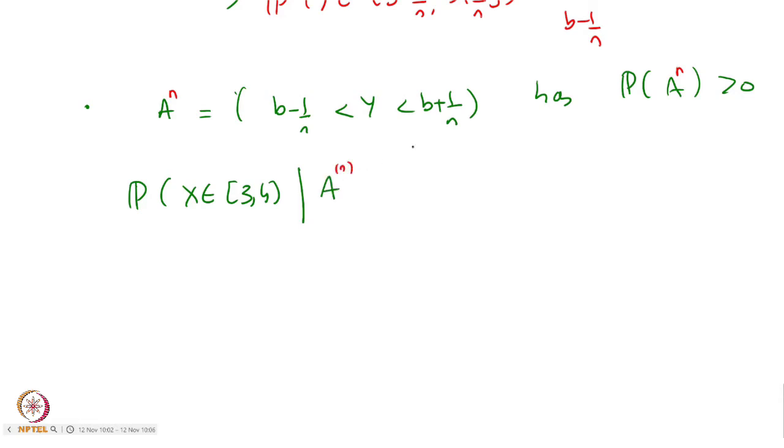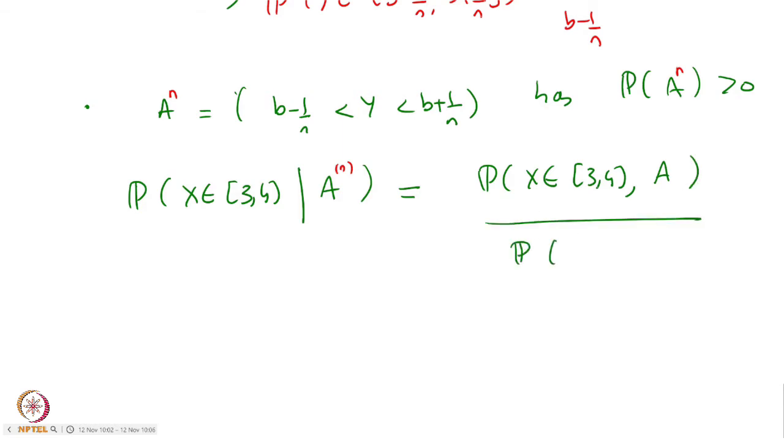Right? That I know. What do I do? I write this as the probability of x in the interval 3, 4 and the event A super n, the whole thing divided by the probability of A super n. That's easy, that's just by conditional probability.